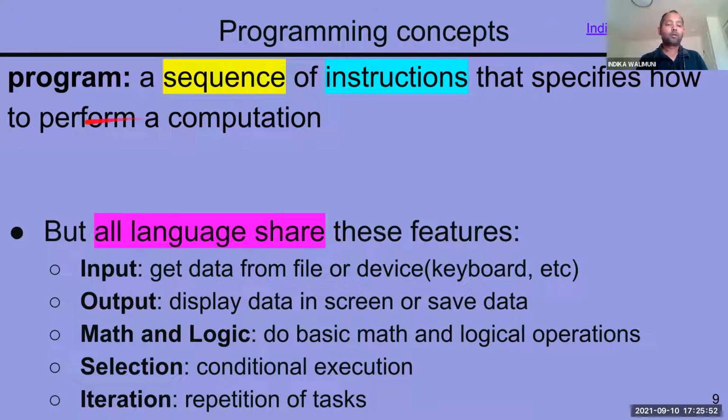One is input. Every process of solving a problem requires an input. Regardless of the programming language, we need input. In this class more often we're going to use the keyboard as input, but in the file lesson we'll learn how to use a text file and a binary file, like a zeros and ones file, as an input.